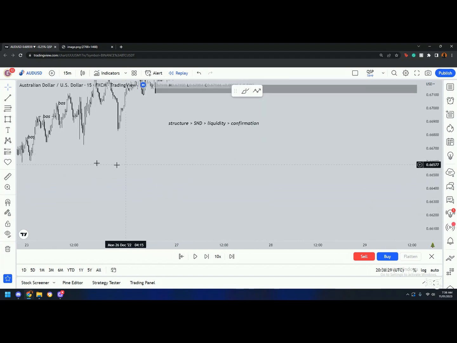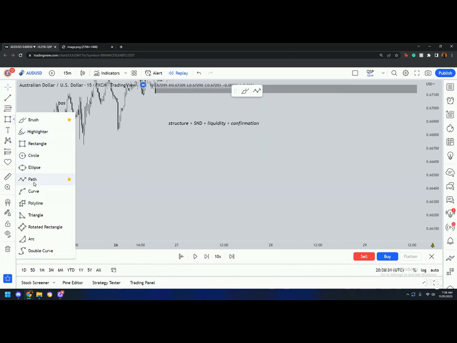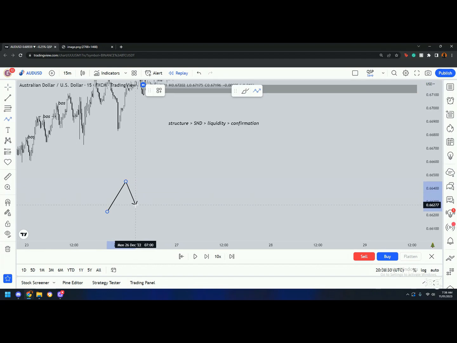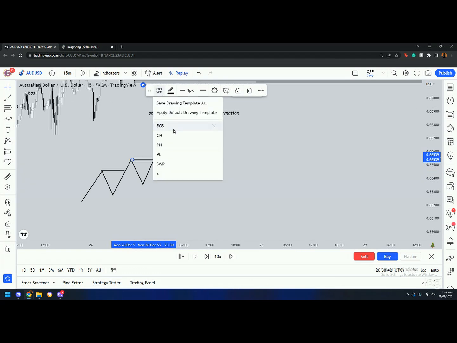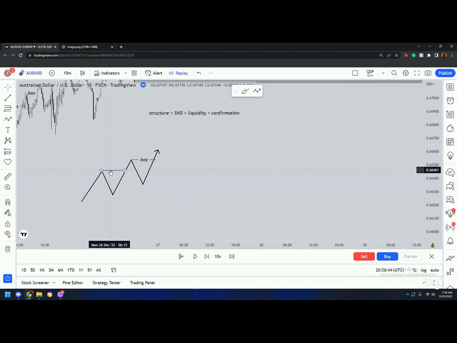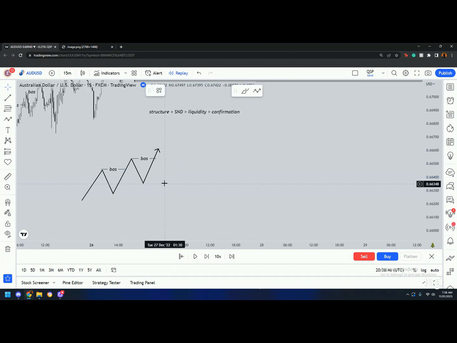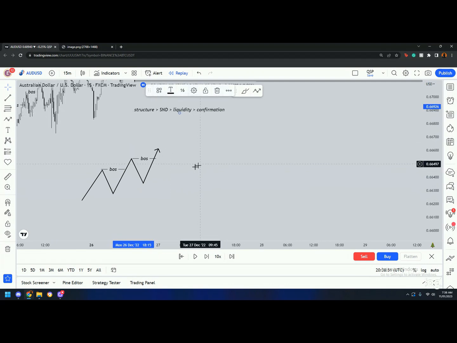So let me draw this out. Let's say our general structure is bullish. We have a break structure here, a break structure here. Now we know the trend is an uptrend, structure is bullish. Now we need to mark up the supply and demand zones.